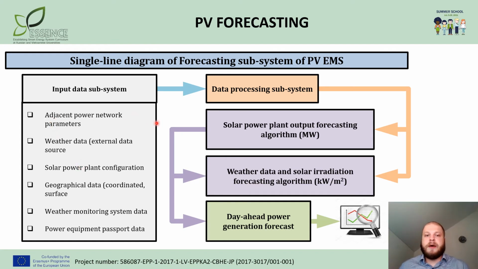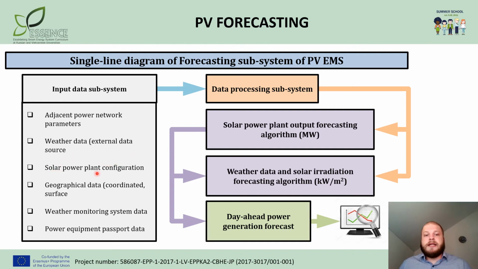It's like adjacent power network parameters, like switched on and switched off power transmission lines, because they may impose some additional constraints on the photovoltaic power plant output, in terms of providing generation of the rated capacity of the PV power plant if we have sunny weather, for instance. Then we have weather data, which is of crucial importance for our task as well, because clouds, fog, or storms impact the generation capacity of the photovoltaic power plant greatly.